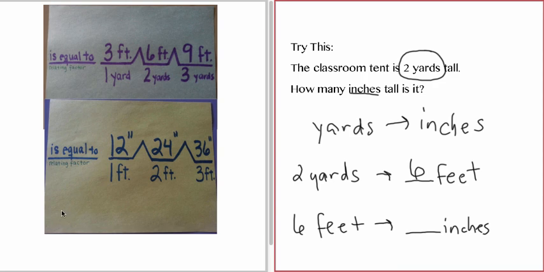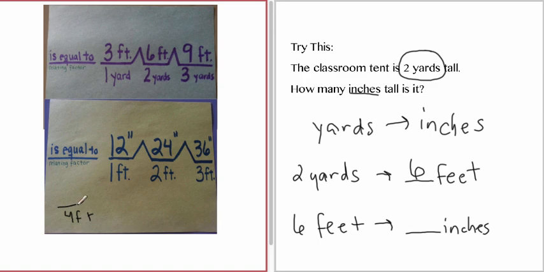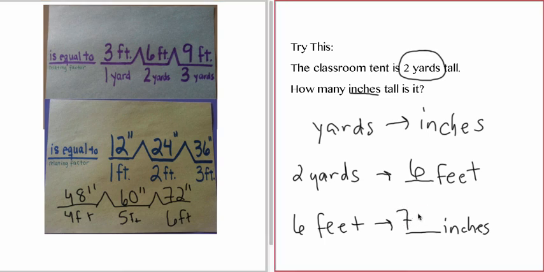So if I kept going down here, 4 feet would be 48 inches, just like 5 feet would be 60 inches, just like 6 feet would be 60 plus 12, which is 72 inches. So I know that in 6 feet, there's 72 inches. And I just did that by counting up by 12s because every foot has 12 inches in it.